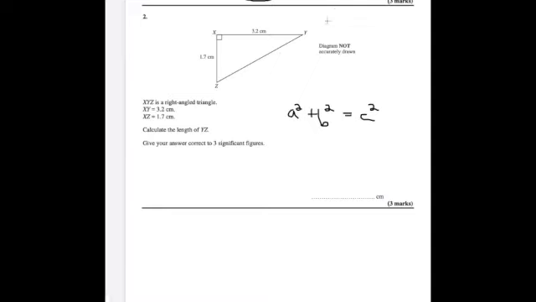First thing you do is label the sides. Remember, like I said before, the diagonal line, the hypotenuse, is C, so you label that C. And either of the other two you can label A or B. It doesn't matter which way around you do it. So A is 1.7, so 1.7 squared plus 3.2 squared equals C squared.